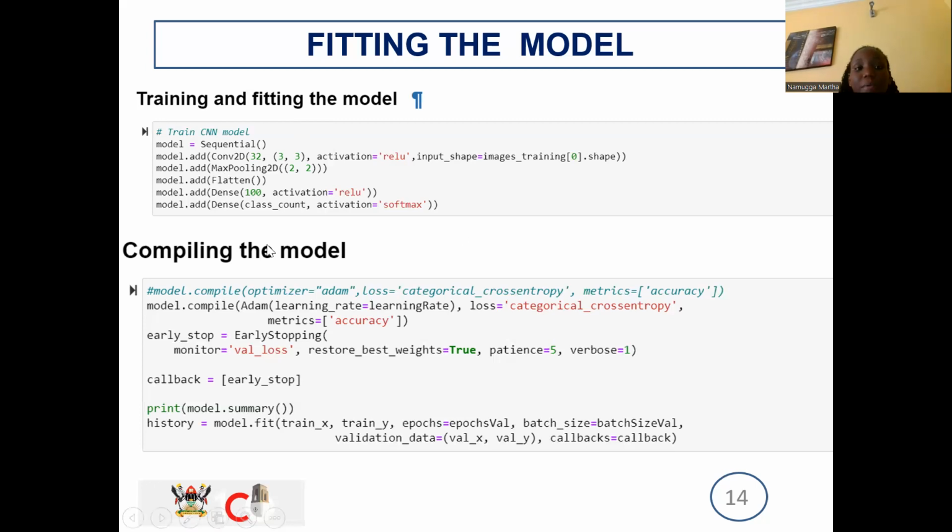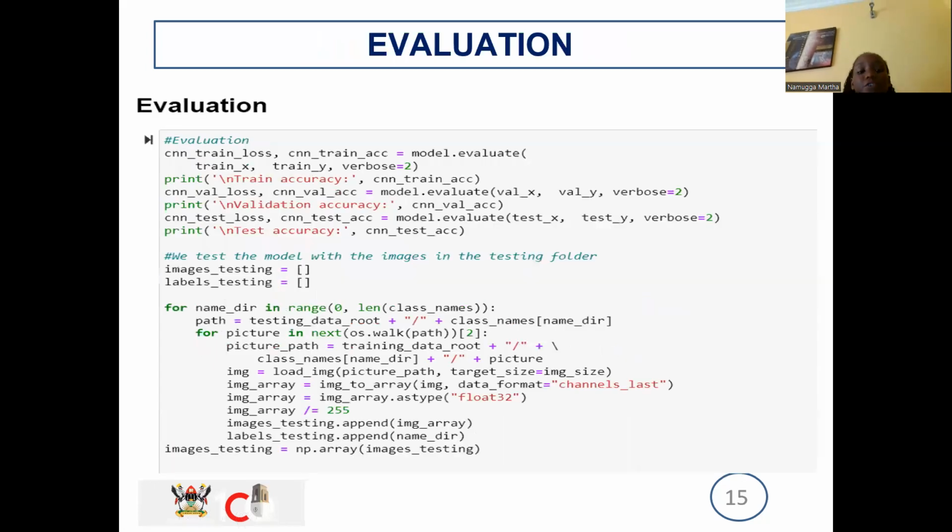So that's our hyperparameter tuning: play around with the layers and the learning rate. Those are the things you're playing around with. That's how you tune.